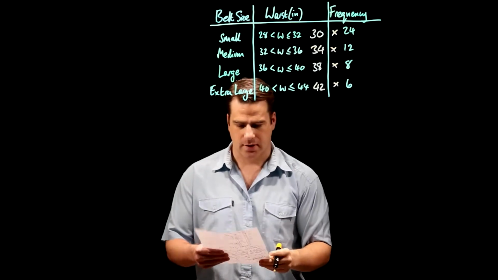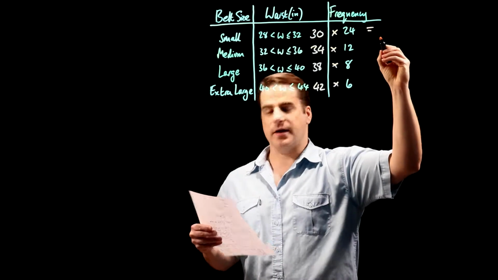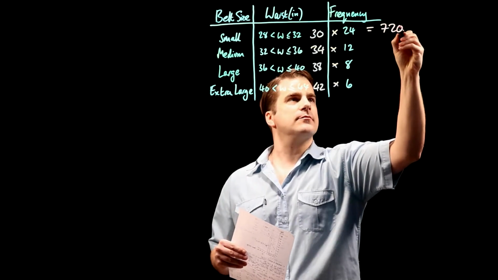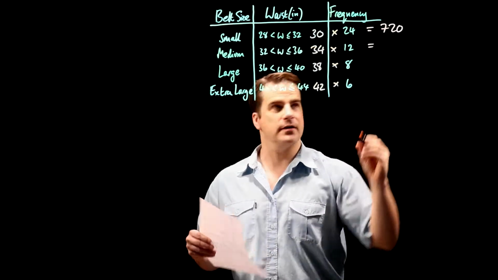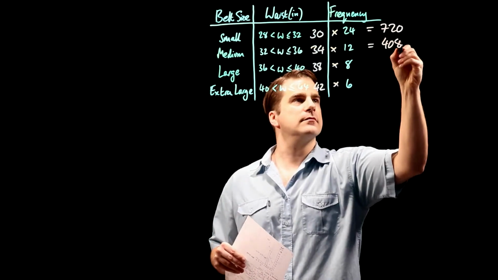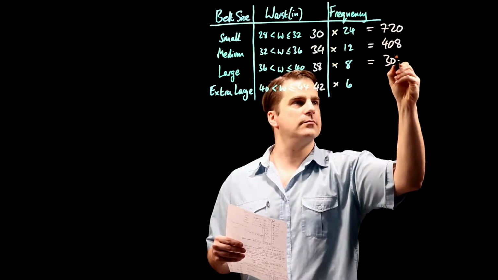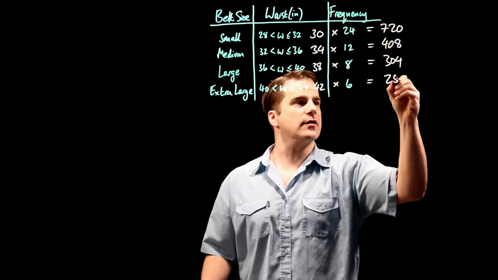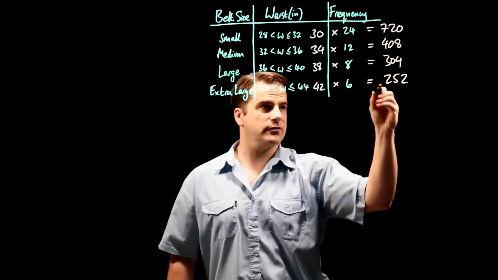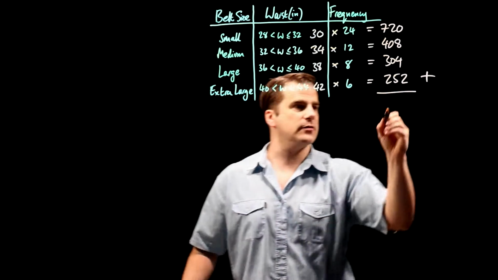So that becomes 30 times 24 is 720. 34 times 12 is 408. 38 times 8 is 304. And 42 times 6 is 252. Okay, add all those up and you get 1684.